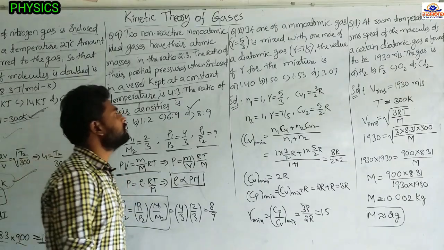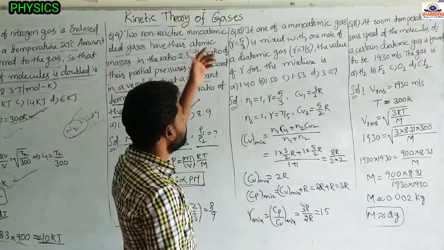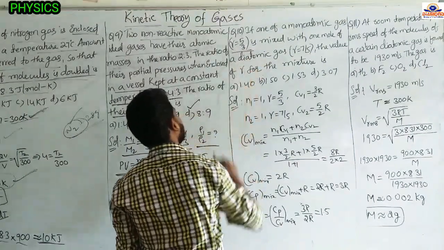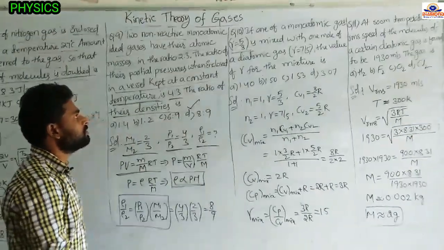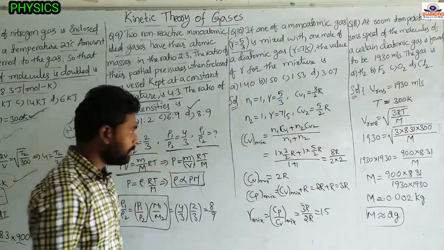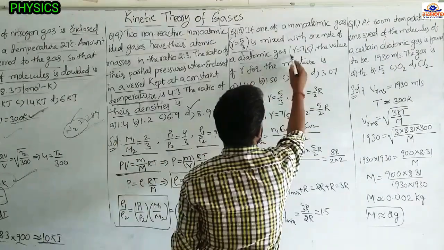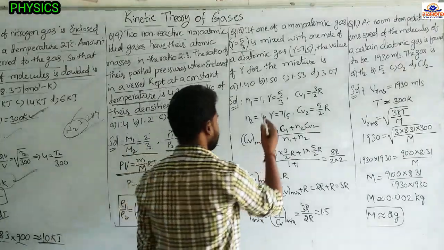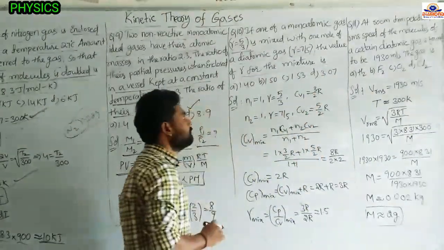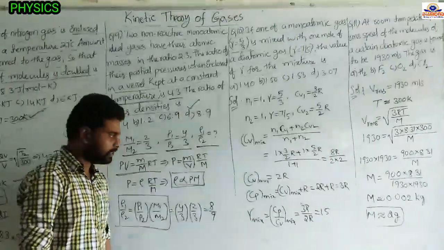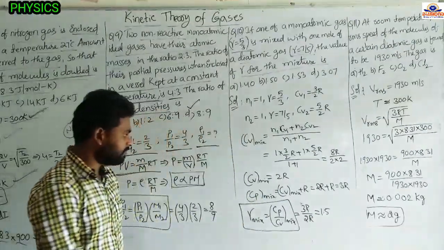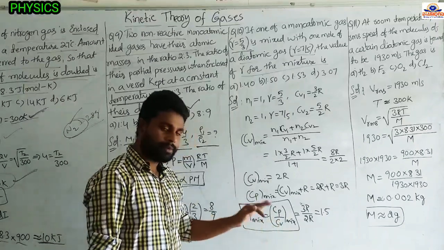And the next question: one mole of a monatomic gas, whose gamma value, the adiabatic constant, is 5 by 3, is mixed with 1 mole of a diatomic gas. For a diatomic gas, gamma value is 7 by 5. The value of gamma for the mixture is? So to find the gamma value of the mixture, gamma is Cp by Cv.